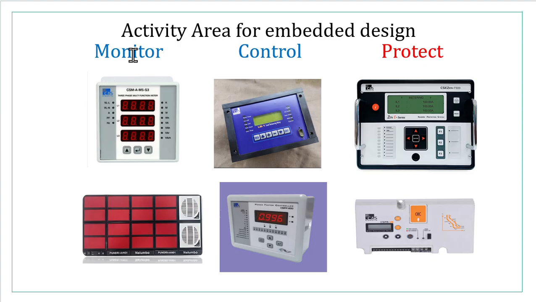So we took monitor at length and saw various things that need to be monitored: the current, the voltage, frequency, power factor, and so on. And we have seen the examples also. Then we went to control. Here we have seen this, and now we are entering the protect area.